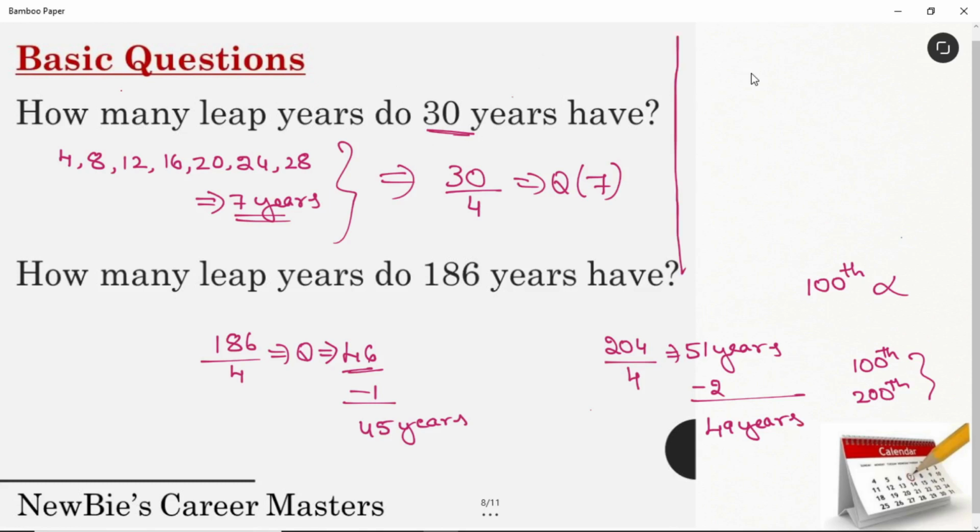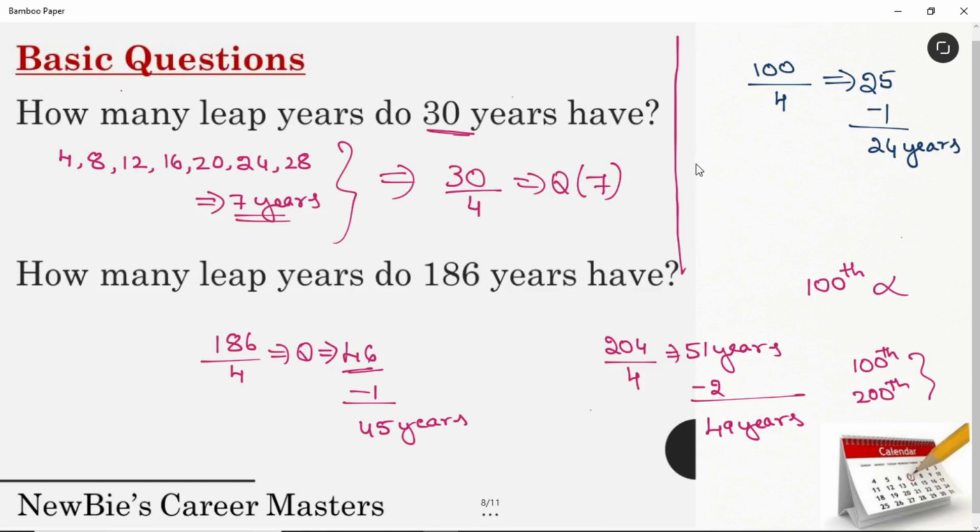Similarly, they'll ask how many leap years are there in 100 years. What do you have to do? You have to divide this by 4. 25 is the quotient. But we need to remove 1 year from this 25 count. Final answer should be 24 years. Out of 100 years, 24 years are leap years and 76 years are ordinary years.